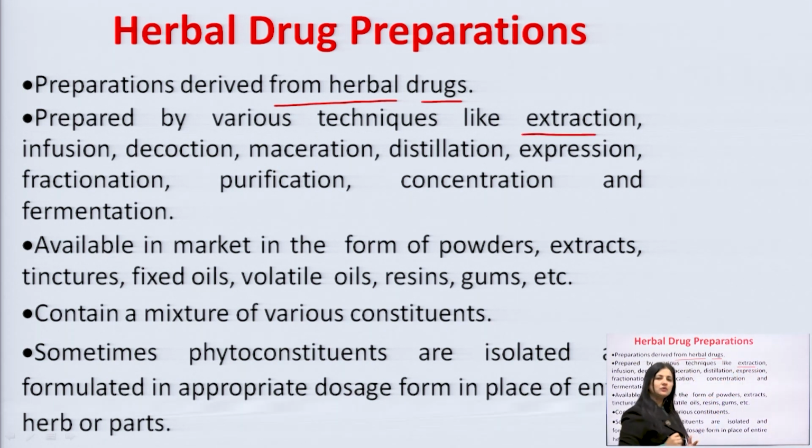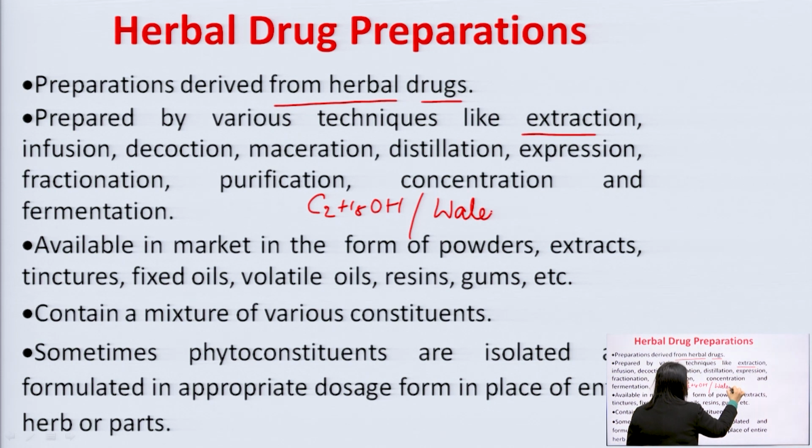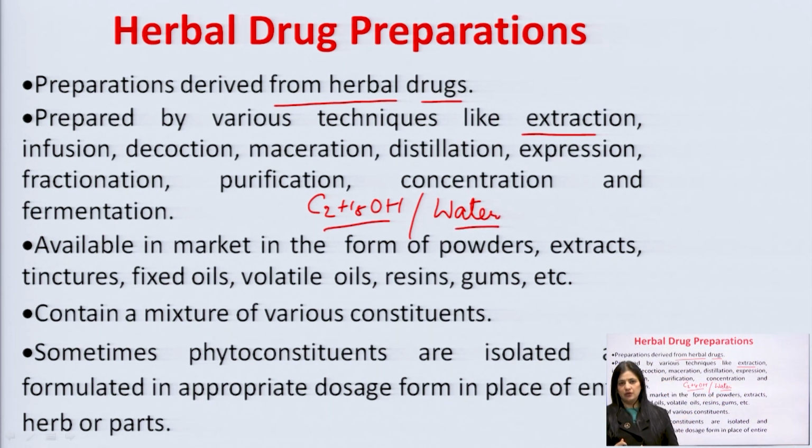In extraction, we take out the active constituent of the plant into our solvent in which it is soluble. Say we carry out extraction in sometimes say in ethanol, right? Or we take the extraction in the water. So whichever solvent the constituents of the plant are soluble in, we take it as an extraction solvent.